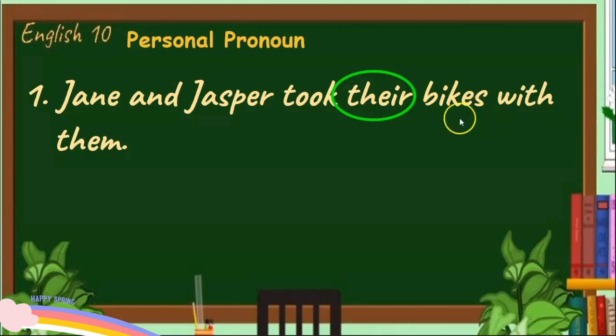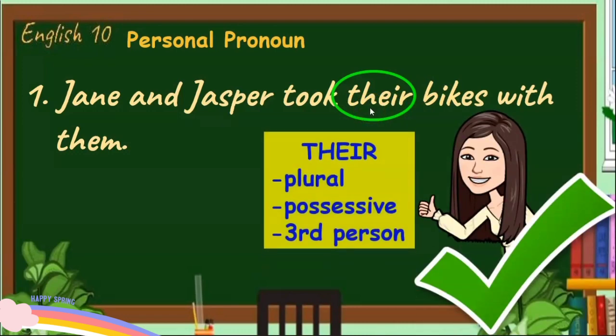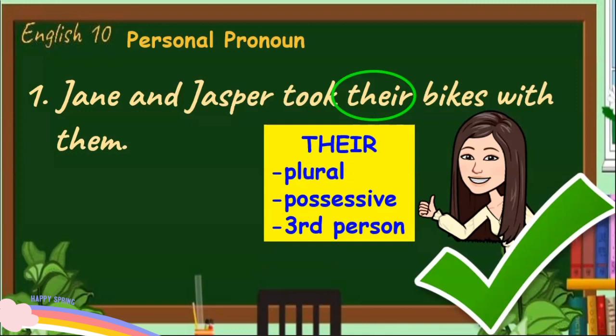Okay? How about the case? In what case can we consider this pronoun? This is possessive case because it tells us an ownership, that Jane and Jasper owns the bike. Okay? And then the person, it is categorized under third person or the one spoken about.